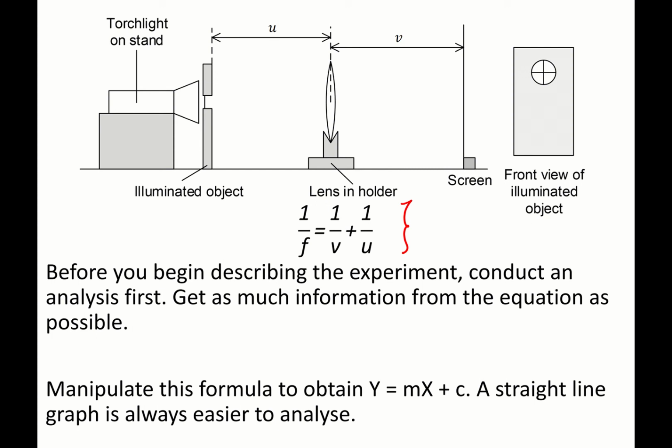What you're given here is three reciprocals, or maybe three fractions, put inside an equation. And all of us know that, mathematically, fractions are not the friendliest things to manipulate. So what we are going to do is take this equation and manipulate it into something that we are all familiar with.